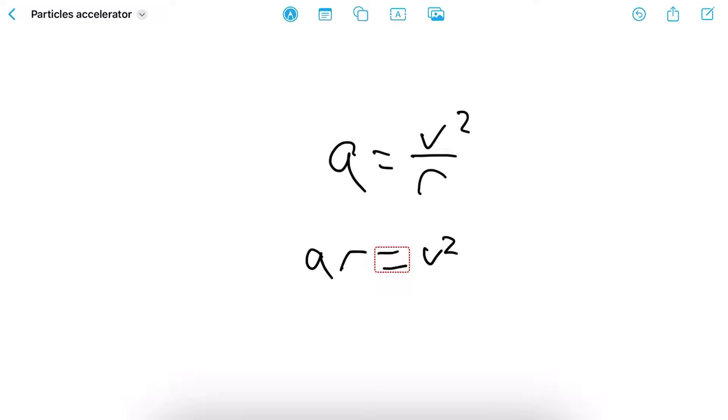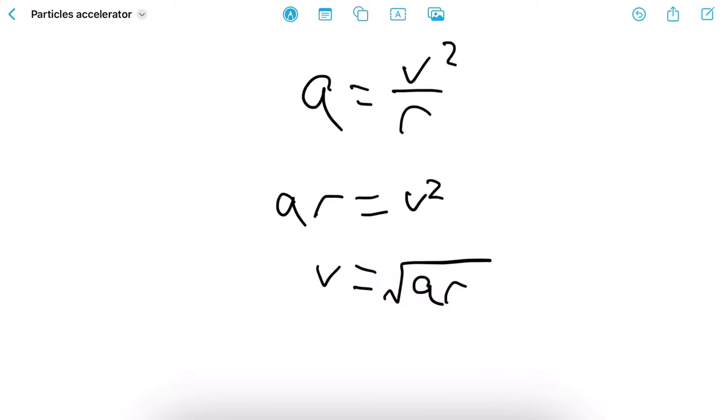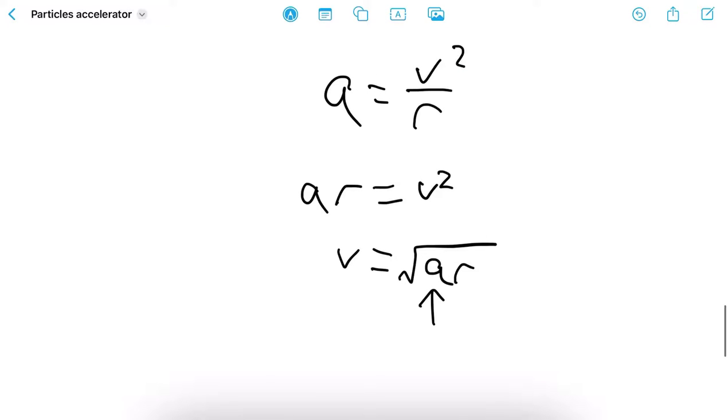We rearrange that to get the velocity is equal to the square root of the acceleration times the radius of the circle, and the acceleration is generated from the electric field, which may have some limit to the force that it can generate.